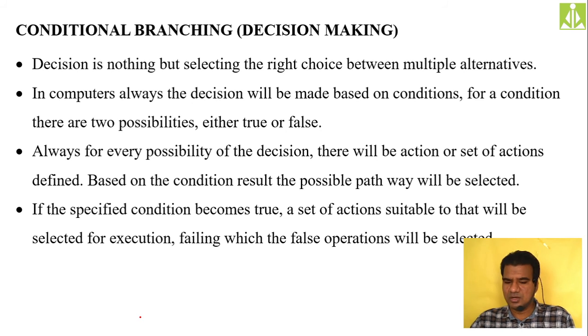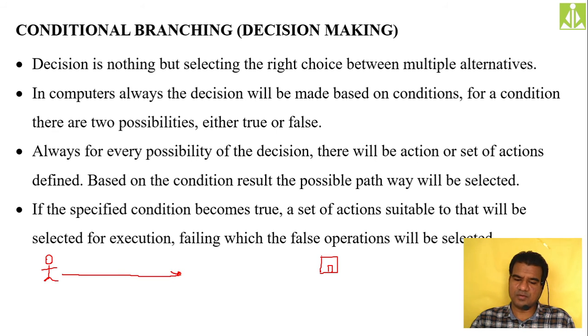So I will give you one simple example. You are at college and you want to go home. Your house is somewhere here. Let us assume from your college to some point in between you have only one single path, one single way.